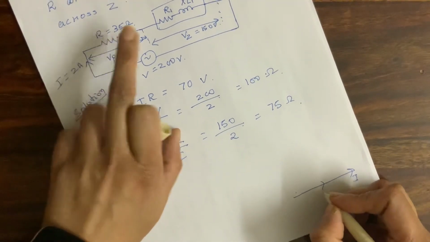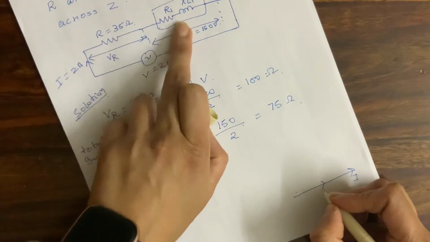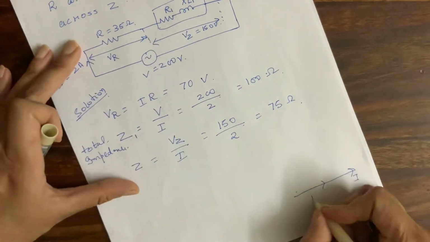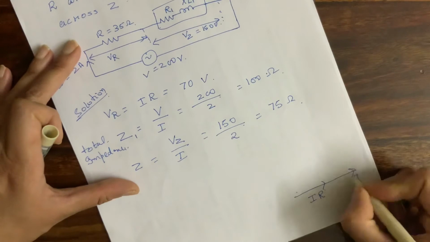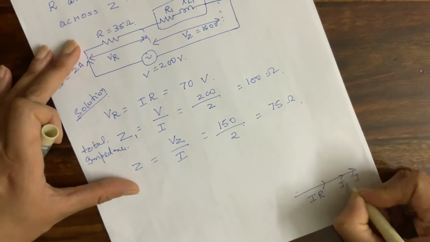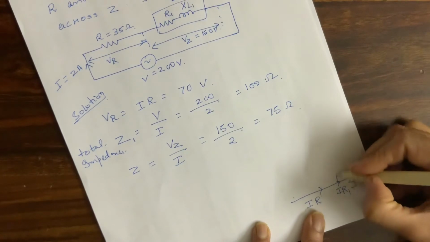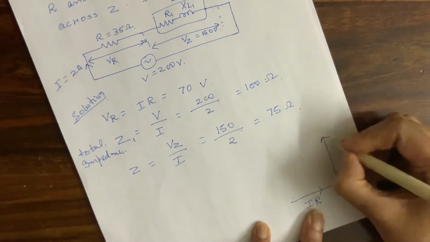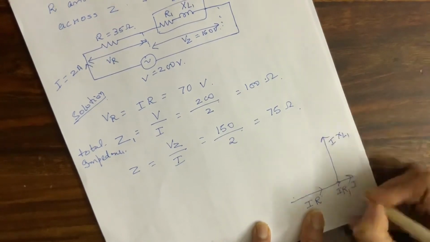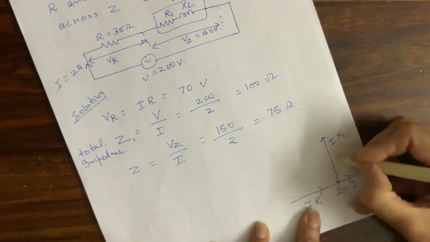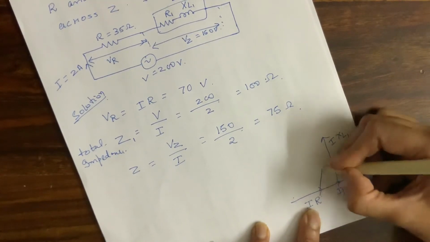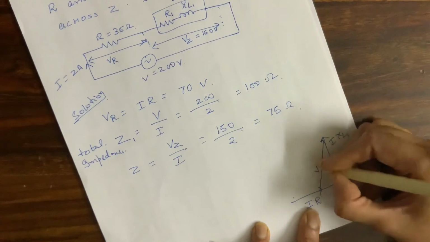The voltage drop across the resistance and the voltage drop across R1. So this is IR and this is IR1. From this IR1, since IXL1 is perpendicular, this is IXL1, and the addition of these gives us VZ.